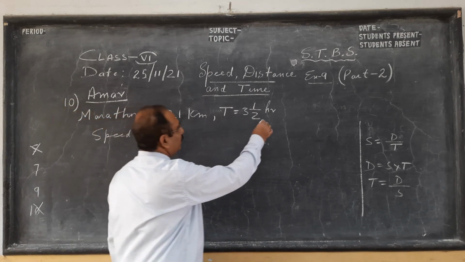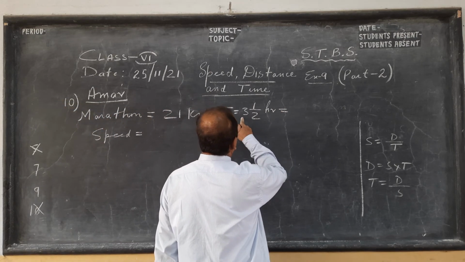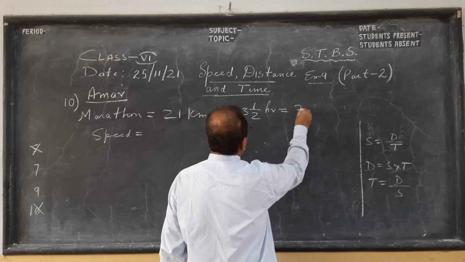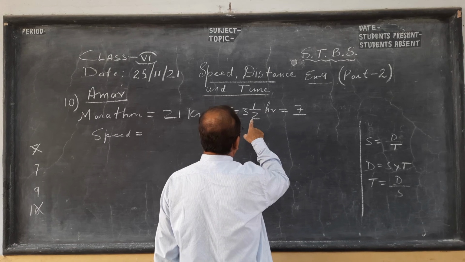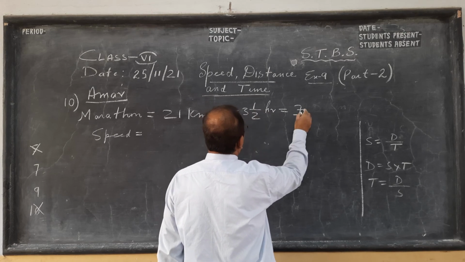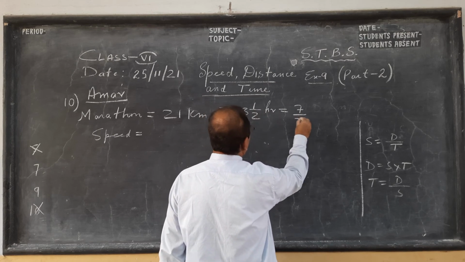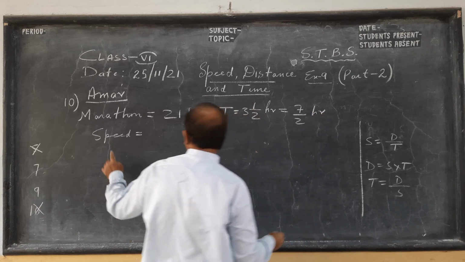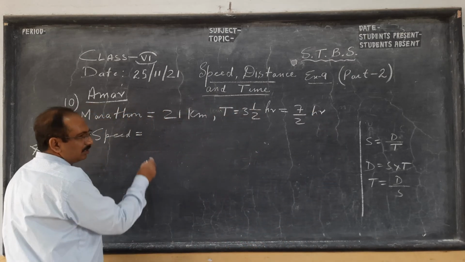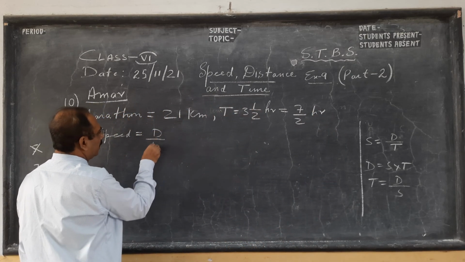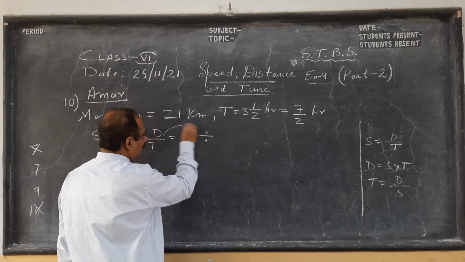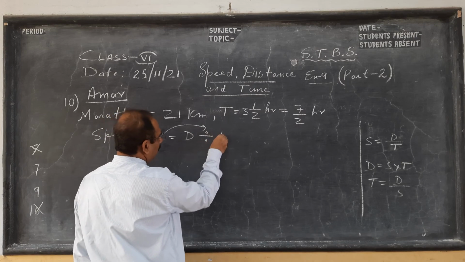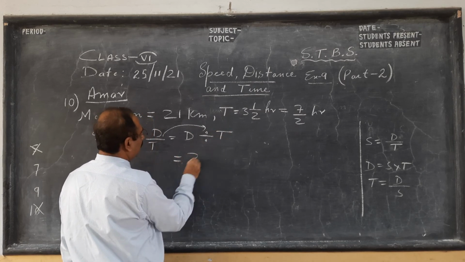So this one, if you convert it, children, into mixed fraction to improper fraction: 3 2s are 6, plus 1, 7 by 2 hours. So we use the formula speed. See, the first formula is distance by time. Remember, whenever you have any confusion, use this division formula, because when division becomes multiplication.